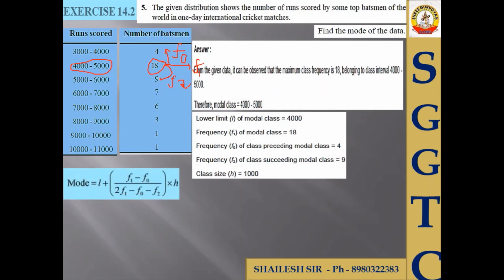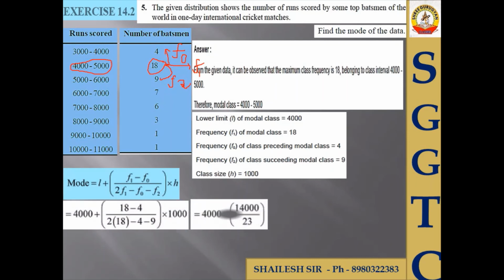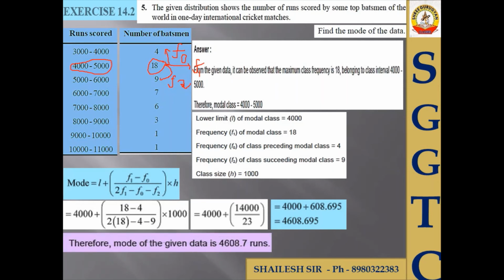Here write down, f0 becomes 4, f1 is 18, and lastly f2 becomes 9. Correct? All these values are utilized in these statements. So the class with frequency 18, L of the modal class is 4000, f0 is 4 and f2 is 9, and class size h is already known, it is 1000. Applying the formula, mode is equal to L plus f1 minus f0 upon 2 times.